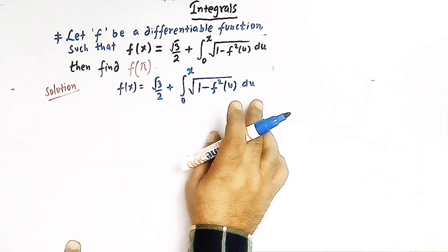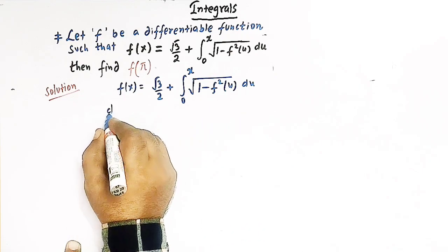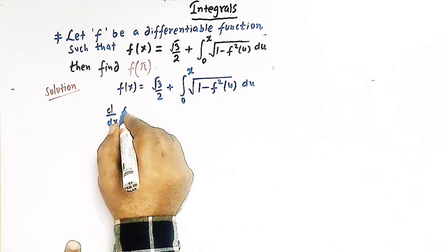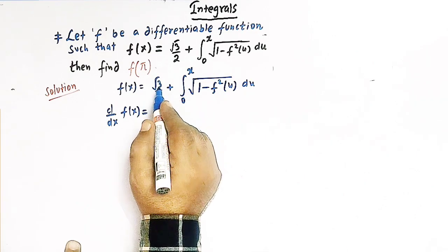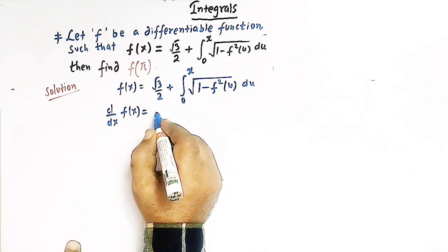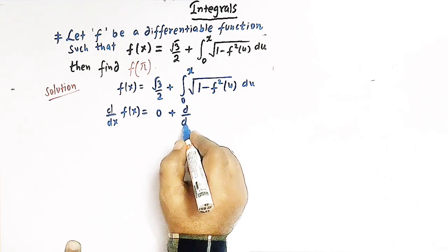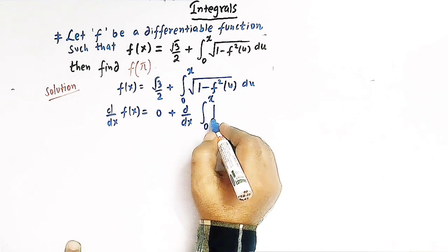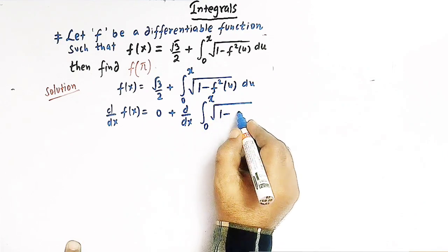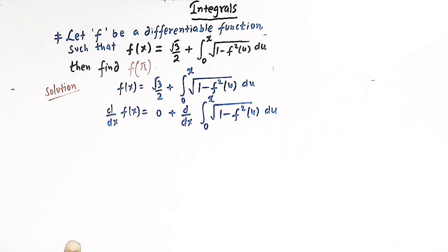Now what we will do, we'll differentiate both sides with respect to x. So we'll write d by dx of f of x, and here the derivative of root 3 over 2 is 0 because it is a constant, and then we have d by dx of the integral 0 to x of square root of 1 minus f square u du, right?